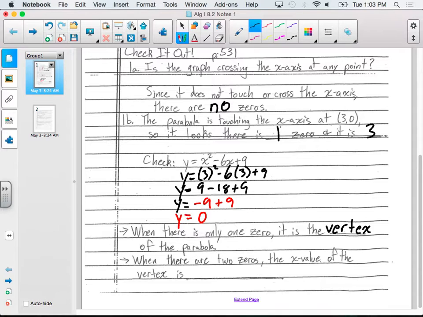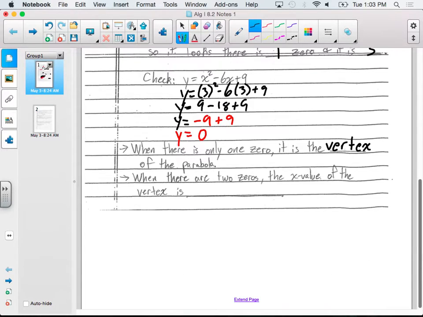The vertex. If we have our axis of symmetry, we can reflect points over it, but there's only one point that doesn't have a partner to flip onto.